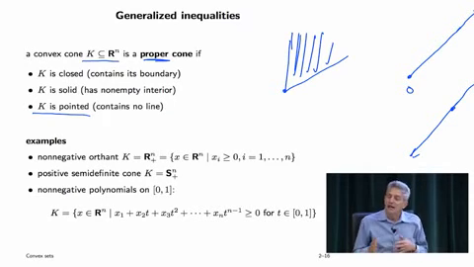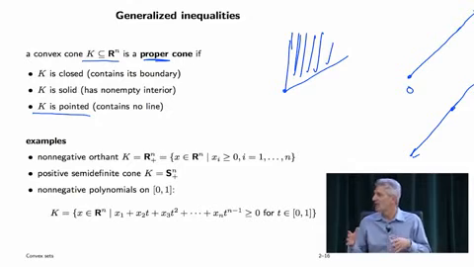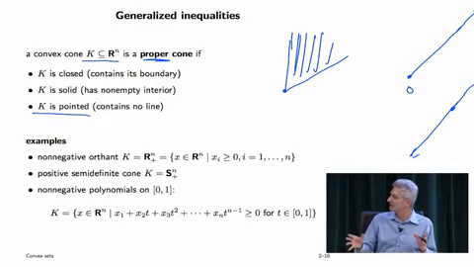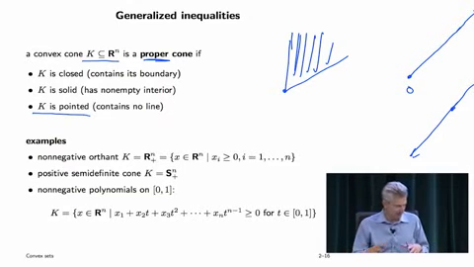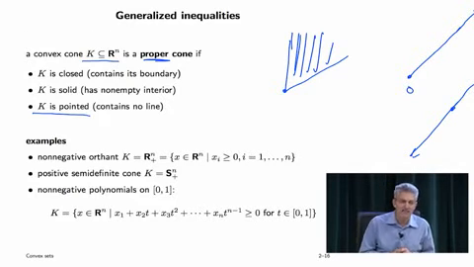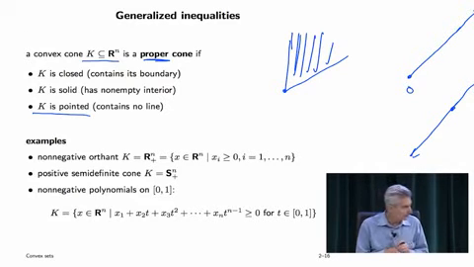But the whole idea of a cone for us is supposed to evoke the idea of something that's asymmetric, that it goes one way, but not the other. So that is a cone, but it is not a proper cone, because it's not pointed. Pointed means that it doesn't contain any line. It says that you can't have a ray and its negative both in the cone. That's what pointed means.